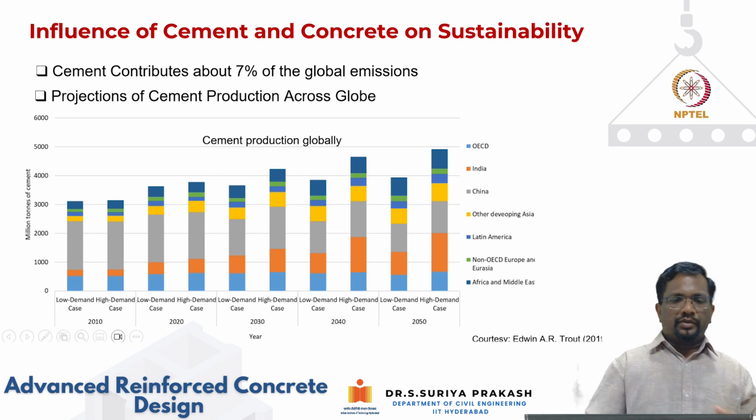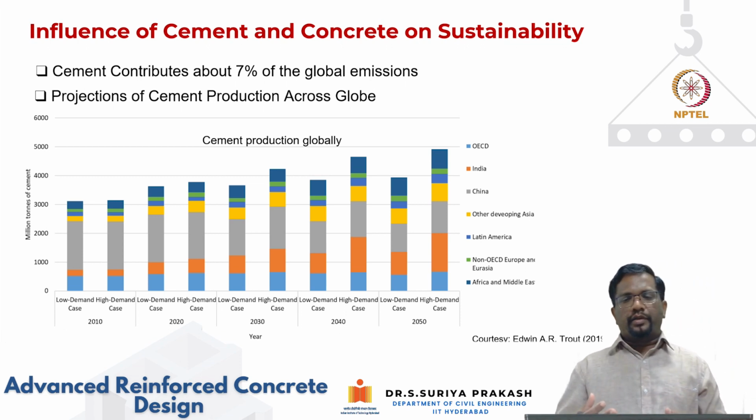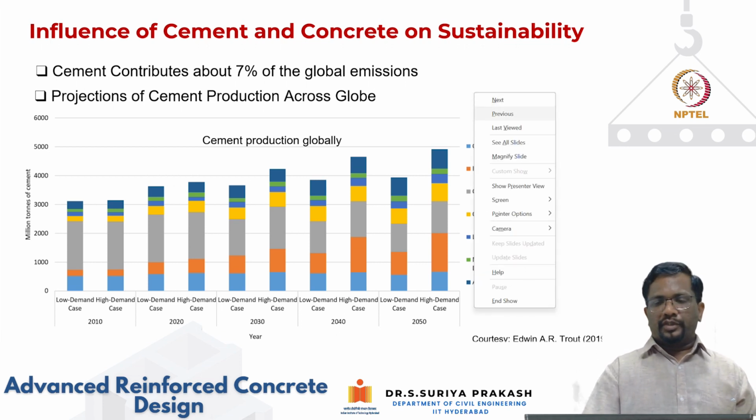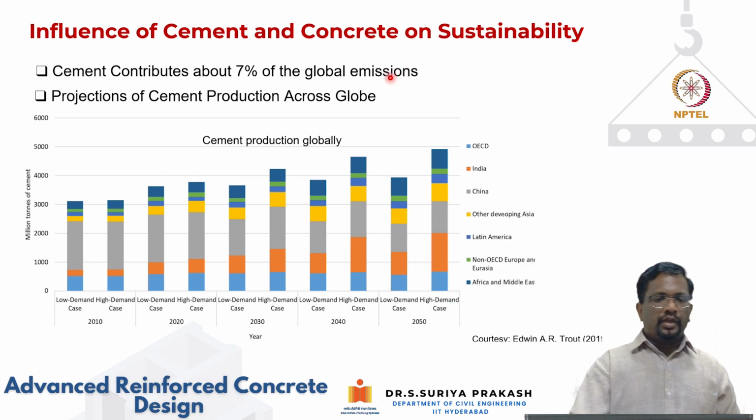Right. So now let's look at how cement and concrete play a role in sustainability. Cement production contributes about 8% of global emissions. This is a chart taken from this reference.